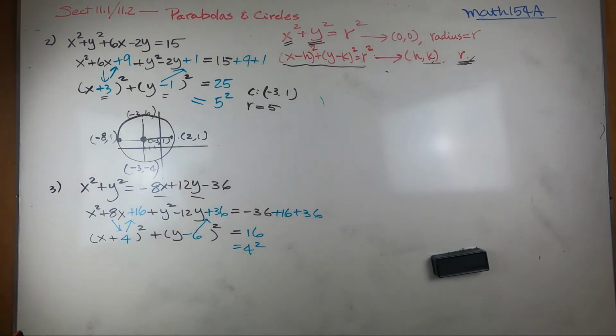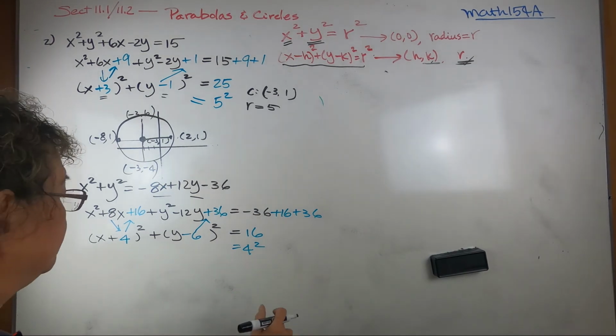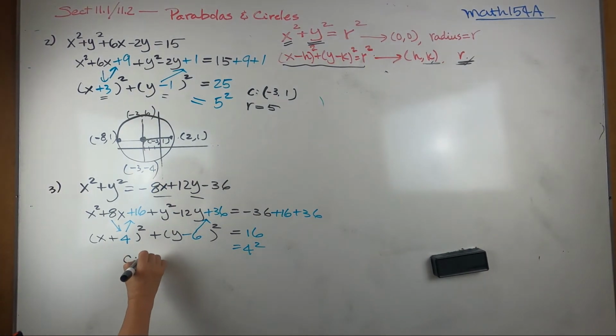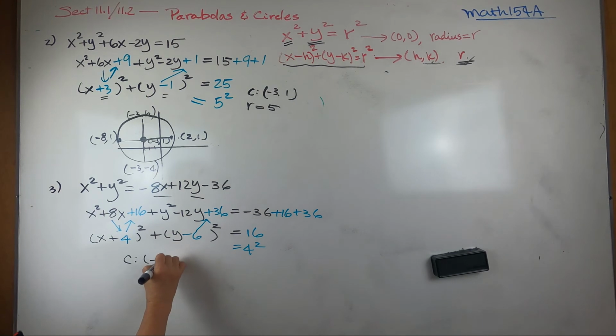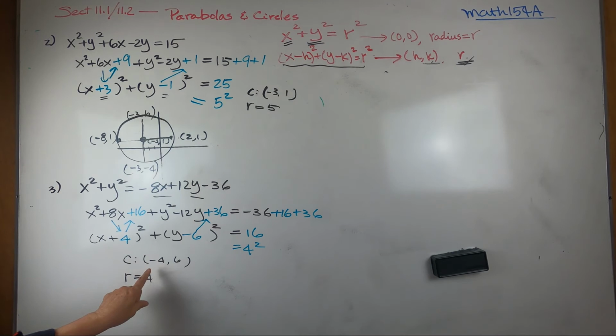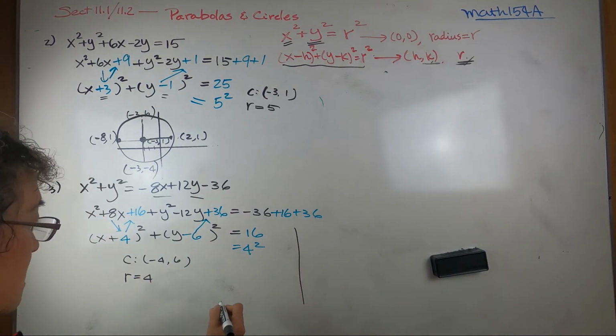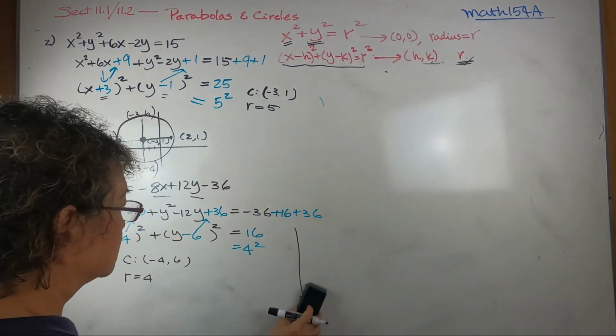Then what is your center? What is your radius? So your center would be this one, right? Opposite, negative 4 and 6. Radius is 4. So let's see, how does it look? Radius is 4. Center is negative 4 and 6.